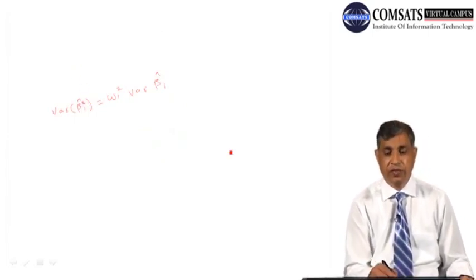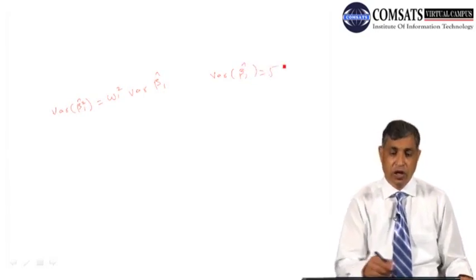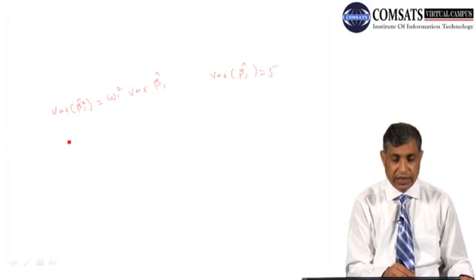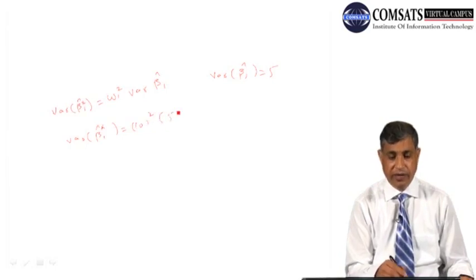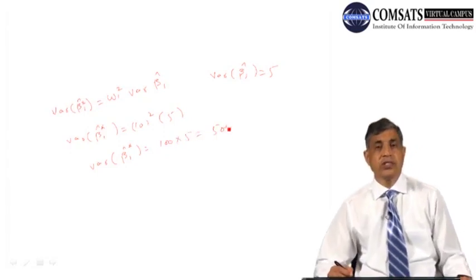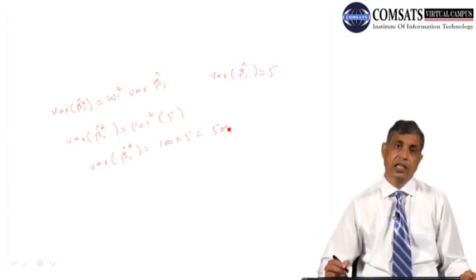So if I assume the variance of beta 1 hat is equal to 5, this is the supposed value. W1 we know, that is 10, and this is squared, and it is multiplied by 5. So the variance of beta 1 hat star will be equal to 100 multiplied by 5, which is 500.